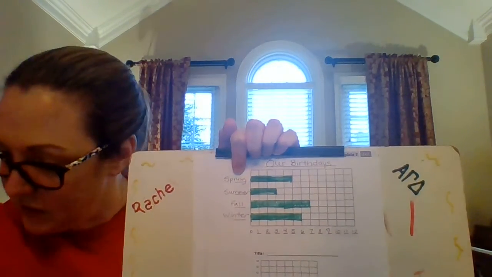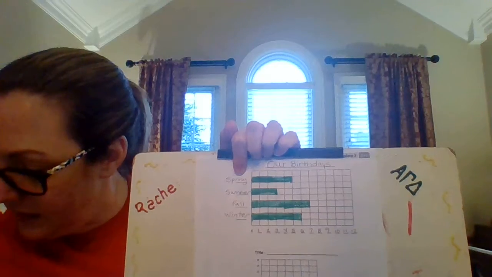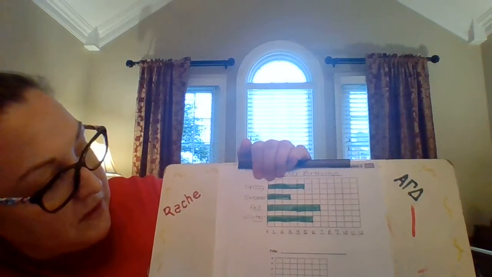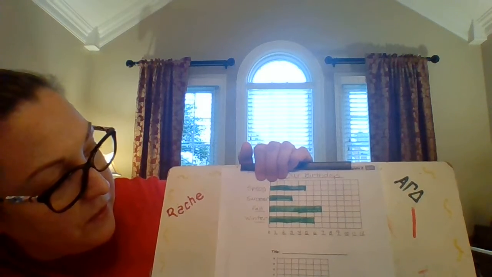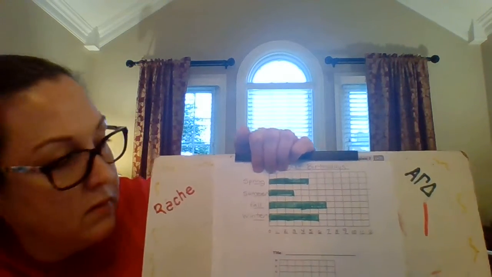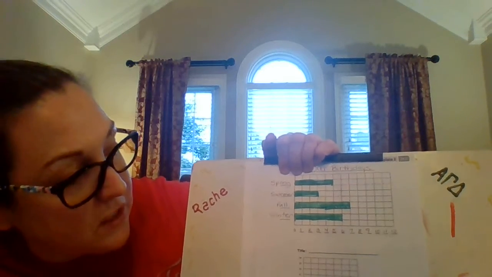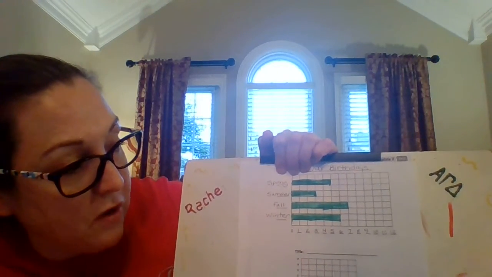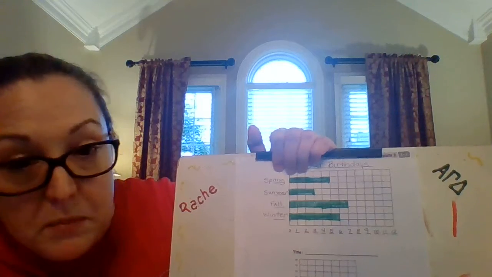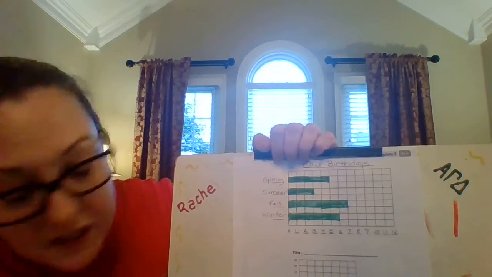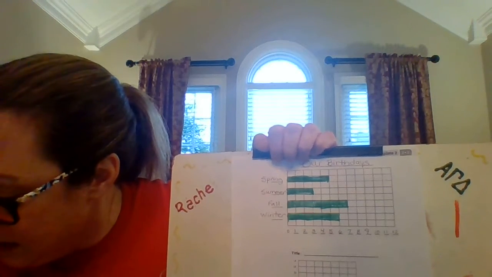We can ask questions like, how many fewer students have birthdays in the summer than in the winter? Let's see, we have 3 summer birthdays and 6 winter birthdays. So there are 6 minus 3, there's 3 fewer students that have summer birthdays than winter birthdays.